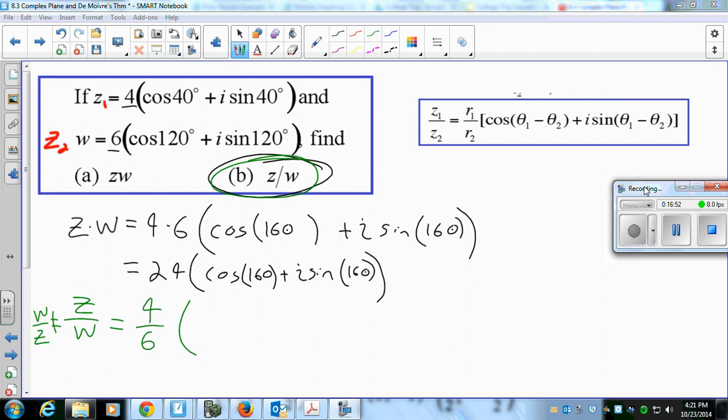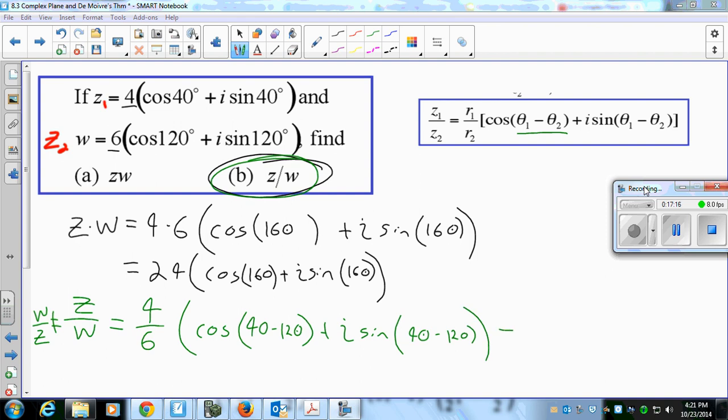And then just like with subtraction here, order is going to matter. So I'm going to do cosine of 40 minus 120 plus I sine of 40 minus 120, and then clean it up.